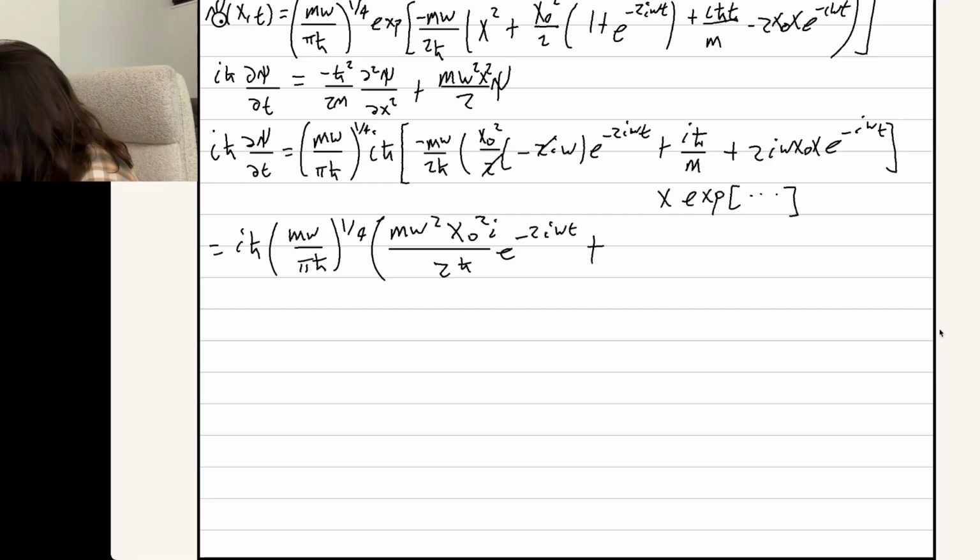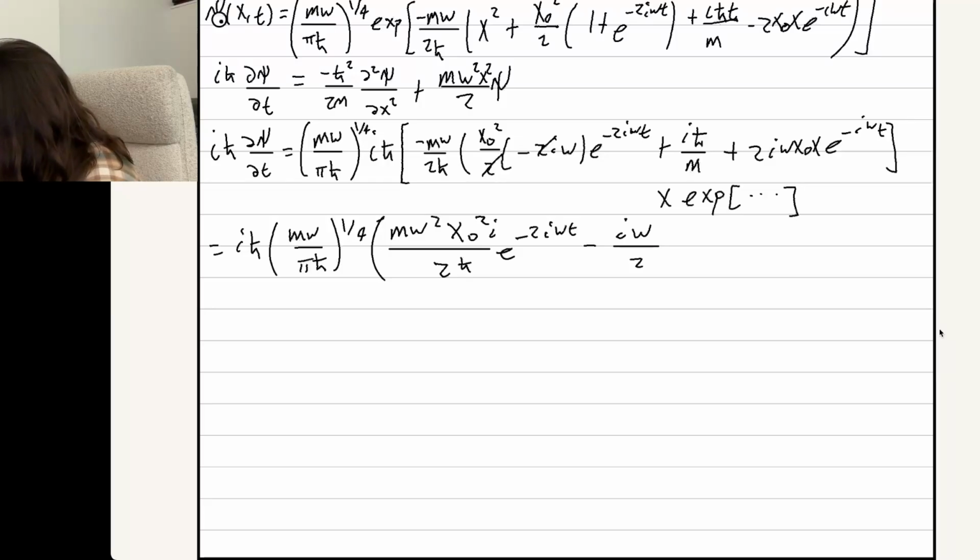And then here the m's cancel out. We have h bar omega, we don't even have h bar anymore, minus i omega over 2. I think that's it.